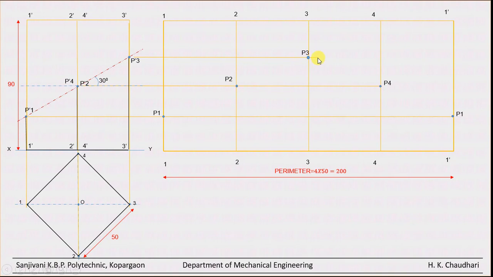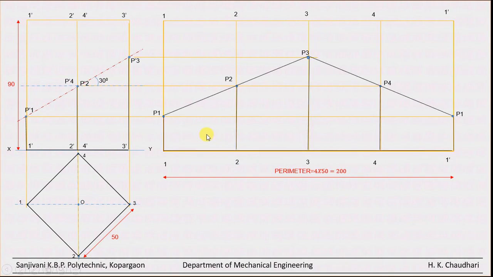Then P2 P3, okay, P3 P4, and finally P4 to P1. So join, and the remaining vertical edges also we have to show by thick line. So draw the thick lines like this, clear? Now the combination of these thick lines is the development of our prism, clear?